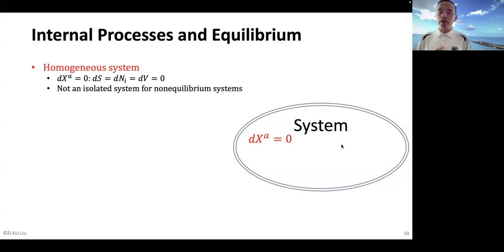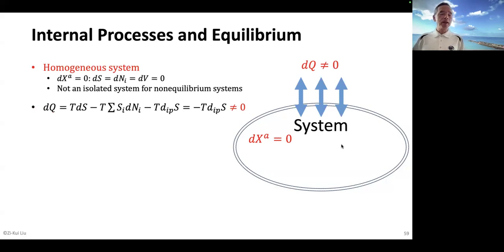However, it's very important to realize this is not an isolated system if the system is non-equilibrium. Of course, as we show later, if it's an equilibrium system, then it's also an isolated system. The reason is because S and N_i are related.